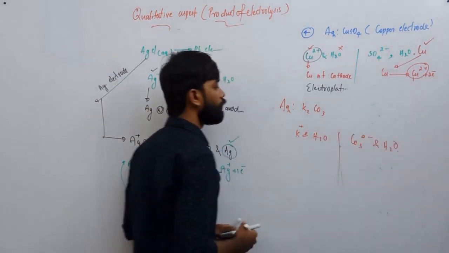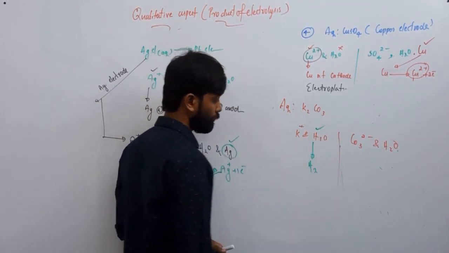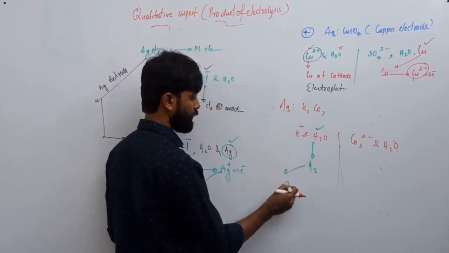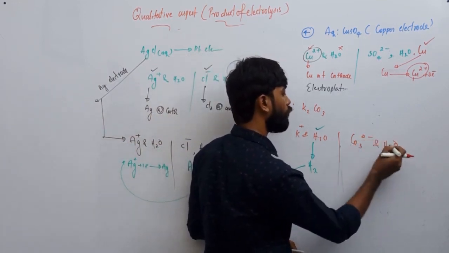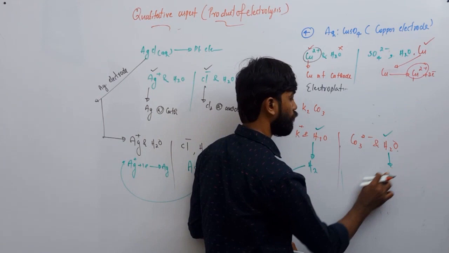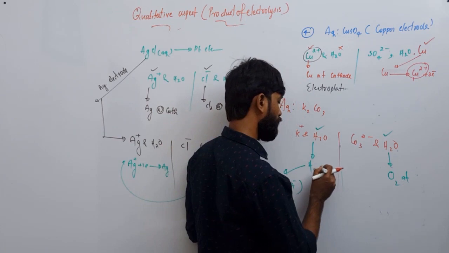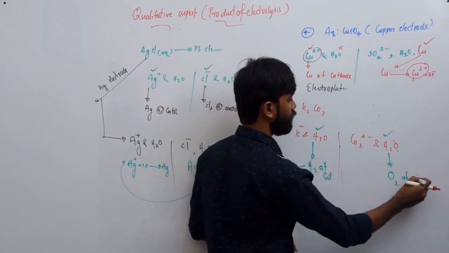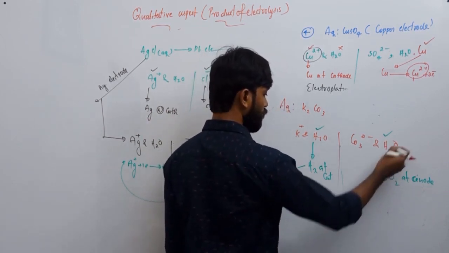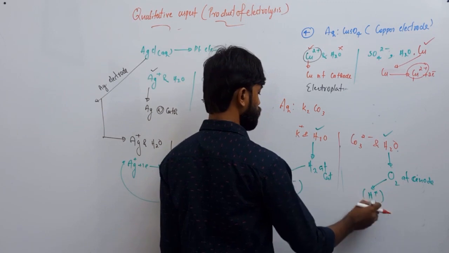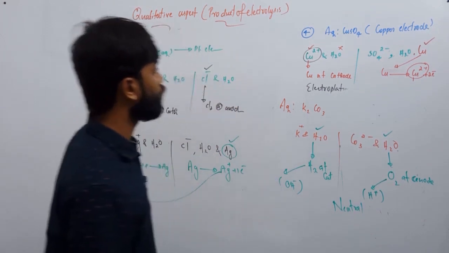K plus with water, water is reduced, hydrogen at cathode, and there is an excess of OH minus. Okay, and CO3 2 minus with water, polyatomic ion with water, water gets oxidized. So oxygen at anode. Here hydrogen at cathode. Here oxygen at anode. Then what happens? If oxygen is at anode, water is oxidized, then there will be H plus. So H plus and OH minus, the solution will be neutral. Okay, fine.